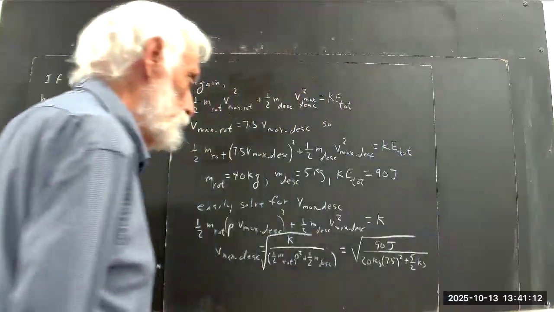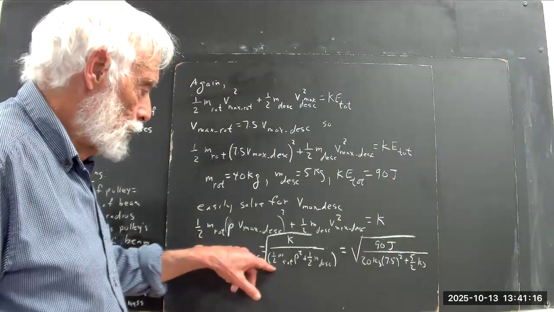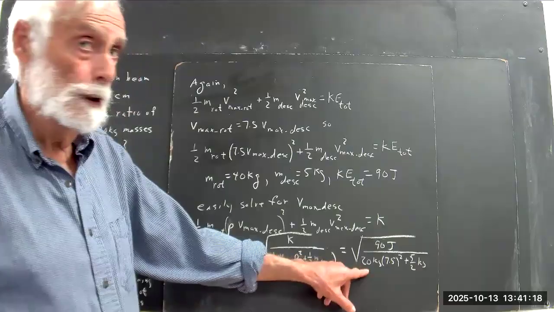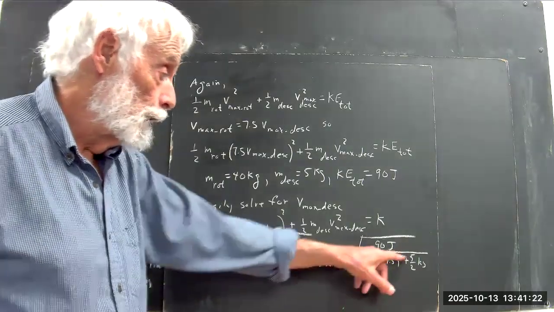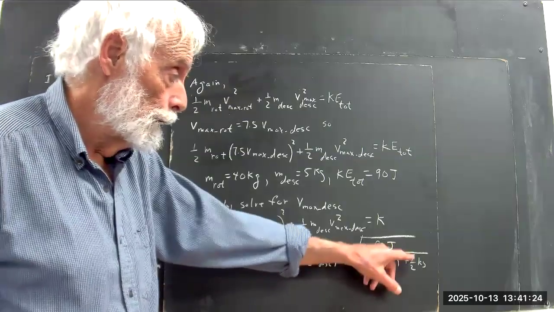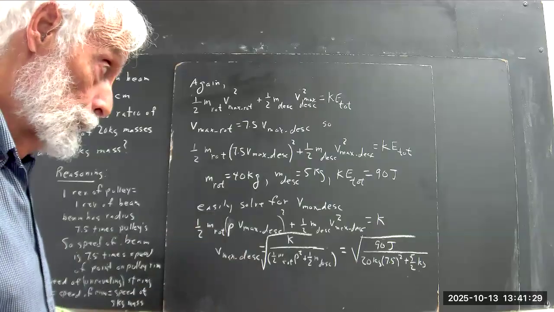And I've done a couple of simplifications there. I factored in the 1/2: I've got 40 kilograms rotating, half of that is 20 kilograms. I've got 5 kilograms descending, half of that is 5/2 kilogram. And then you work out the numbers.